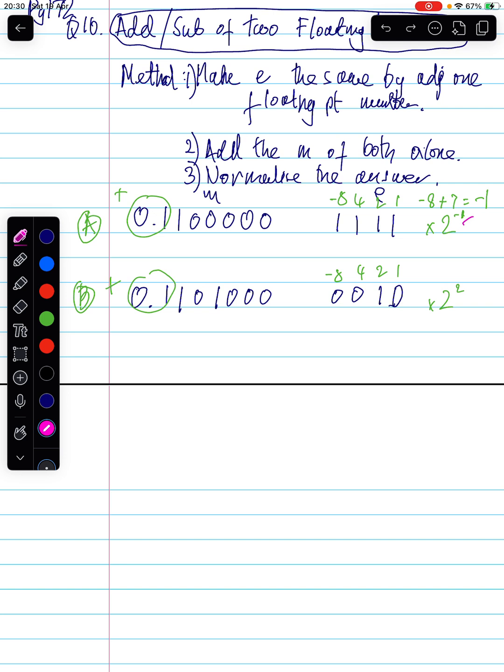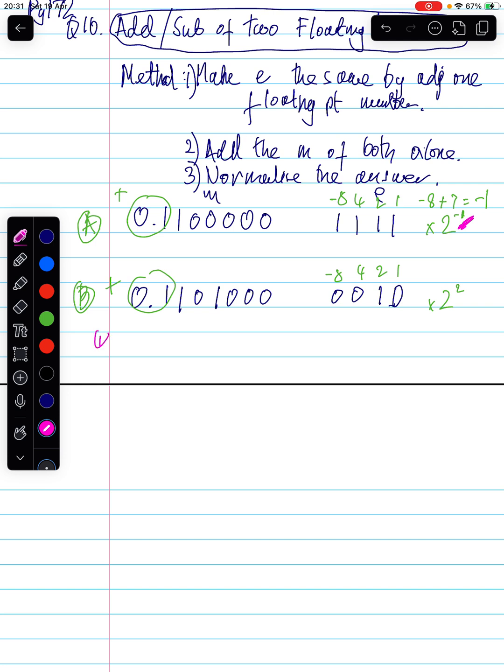So I'm going to adjust A to be the power 2. Okay, so now let's think about what is required.